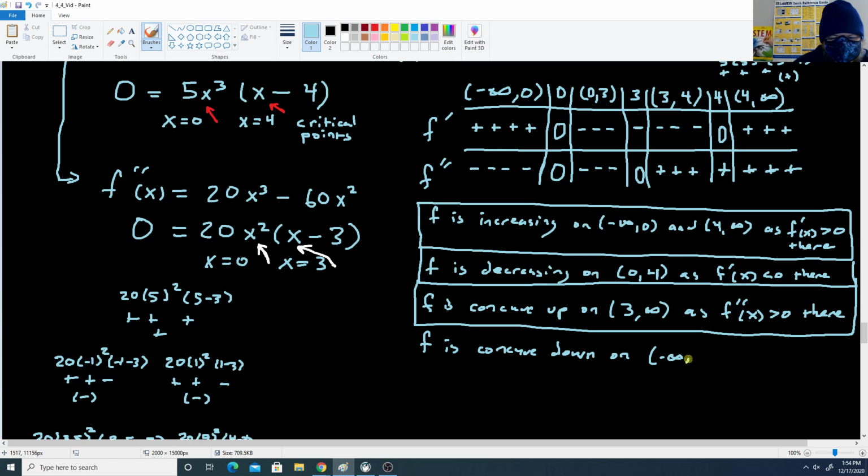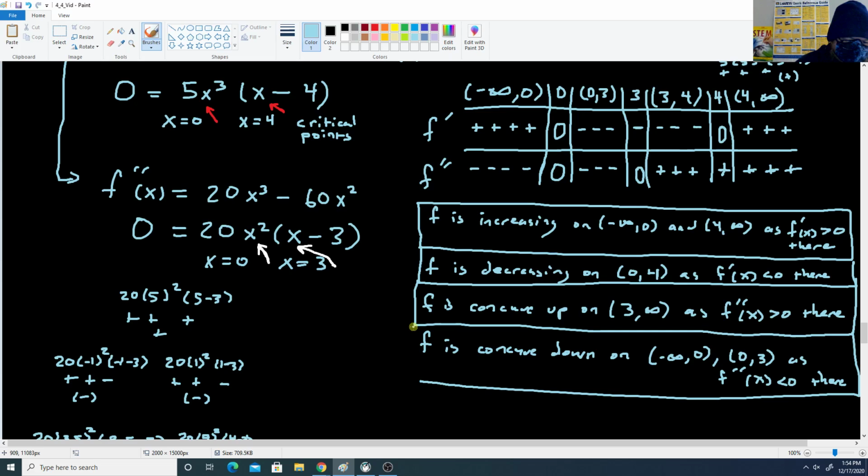So we'll say negative infinity up to 0. And then 0 to 3 as f double prime is less than 0 there. So that's where we're concave down, those two intervals.